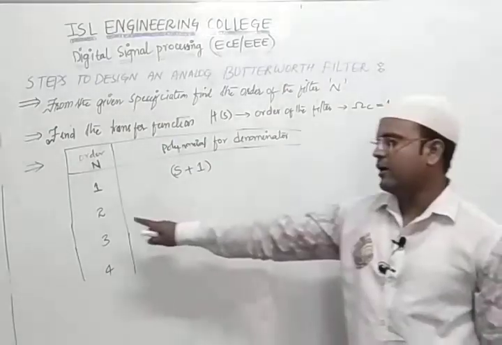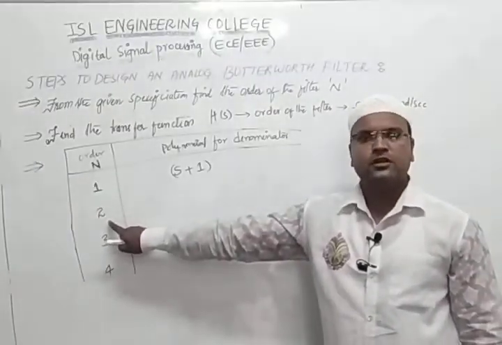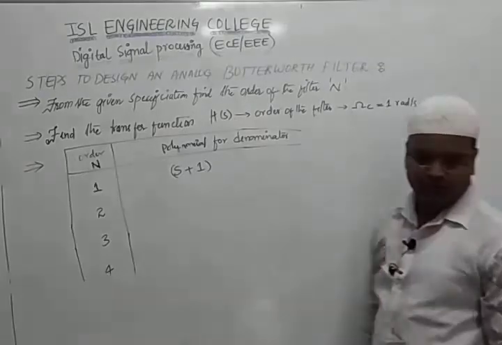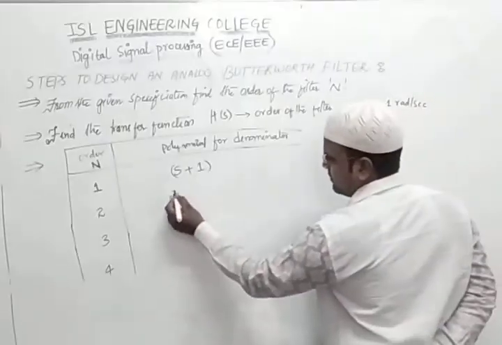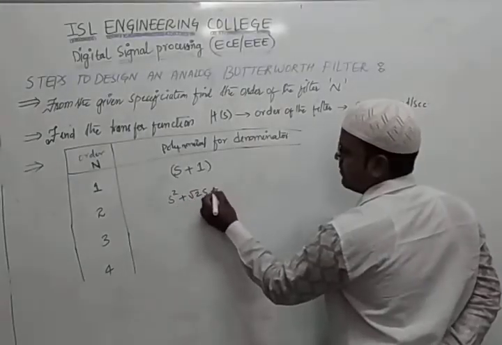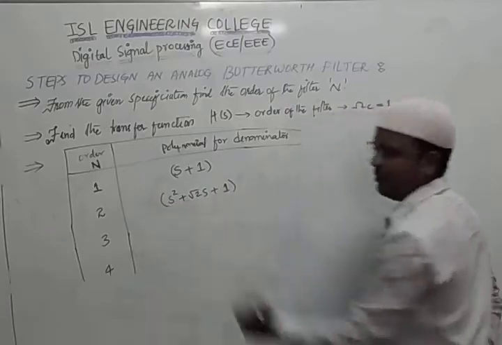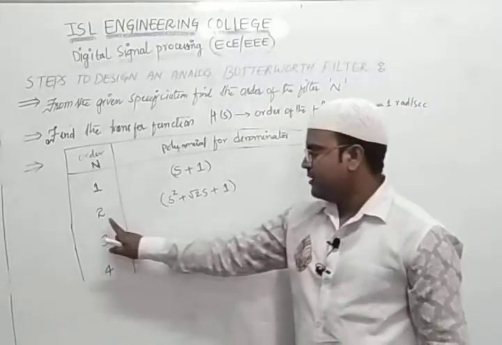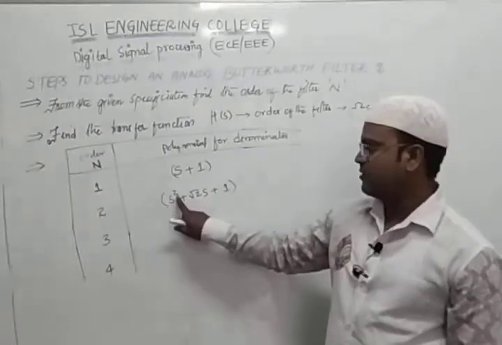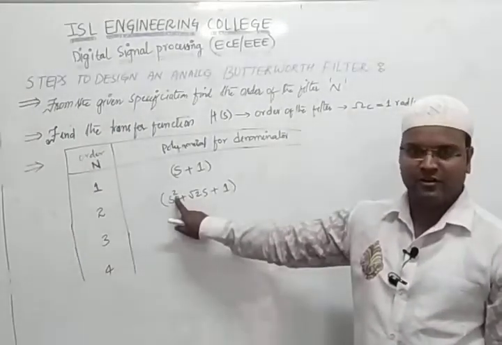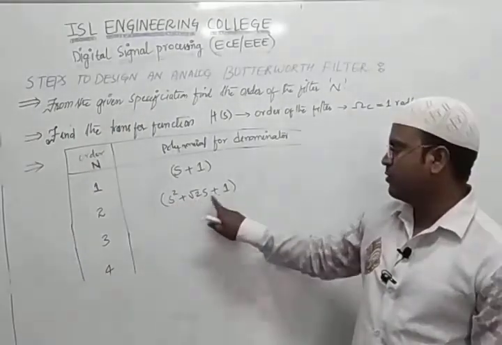Second, if n is equal to 2, we use s square plus root 2 of s plus 1. This is our second polynomial. Second order means the square term should be present, so that is why it is s square plus root 2 s plus 1.